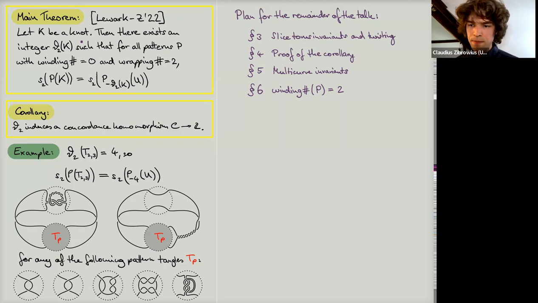When you increase the winding number, for winding number n, you would see n minus 1 integers, but that's just a guess. I don't know how to generalize this to arbitrary winding numbers. It is very specific. The methods that go into the proof of this theorem are very specific to both Khovanov homology and to the wrapping number 2 case.